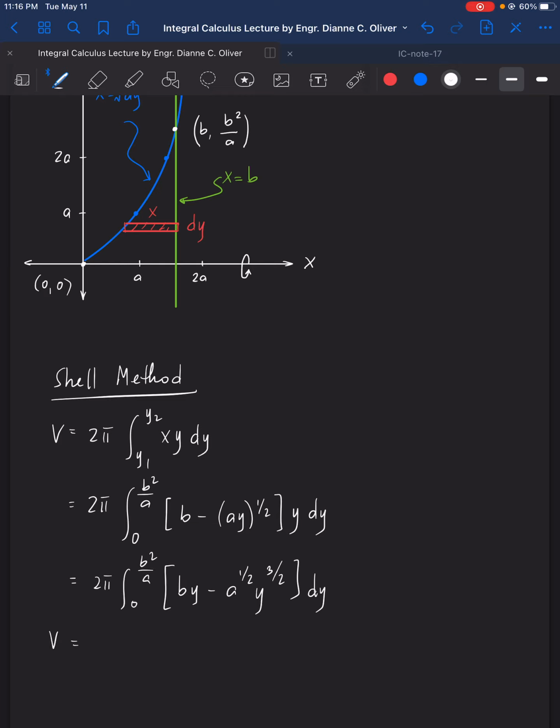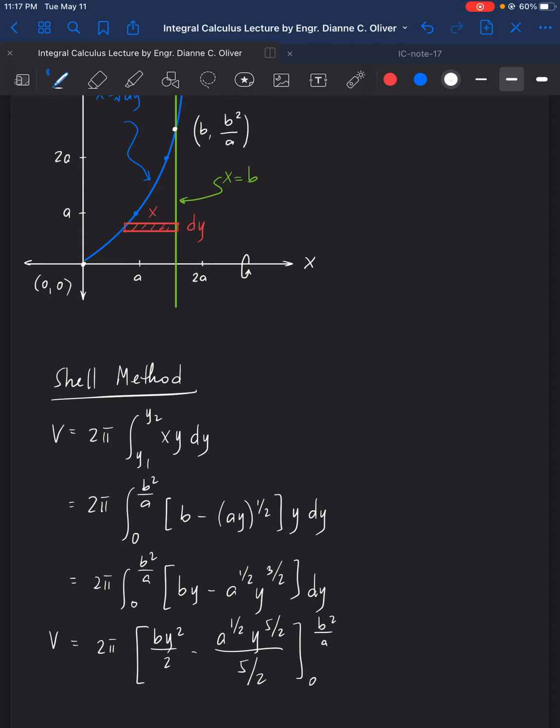So volume now is equal to 2 pi, is equal to by, that means by squared over 2 minus, this is a raised to 1/2, y raised to 5 over 2 over 5 over 2. The limits are 0 to b squared over a.